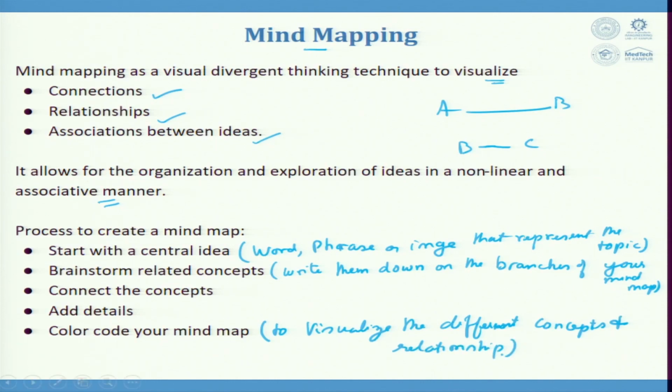For example, even in a brainstorming session, when you write your ideas, you can put them on a green color sheet or red color sheet or yellow color sheet. So then green can have all design concepts, red can have all business concepts, whatever it is for that particular problem statement. Why is that? Because it will help you visualize what the different ideas are, how many ideas are there, and what is the link between those ideas.